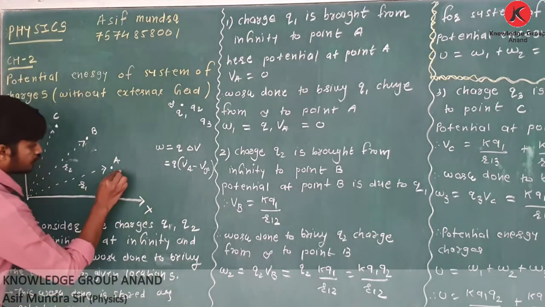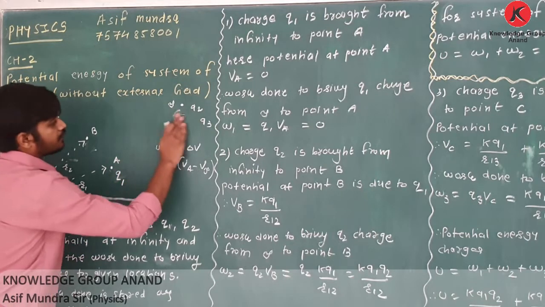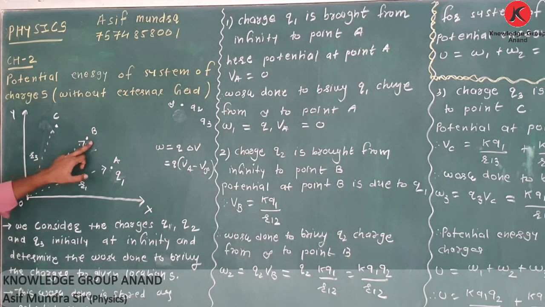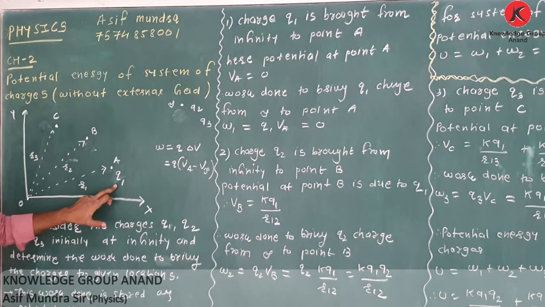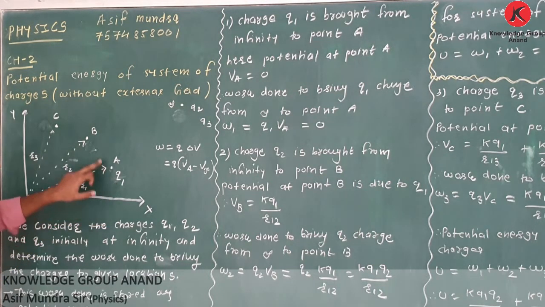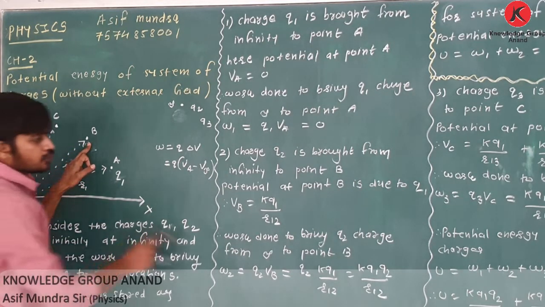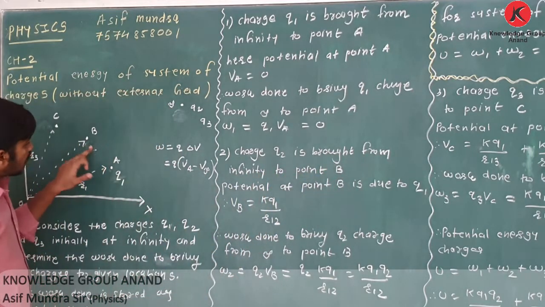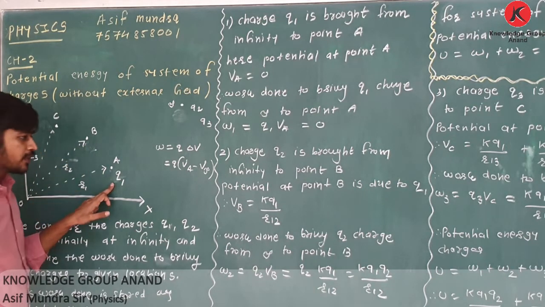Okay, now Q1 charge is brought to point A. Now, we have to bring Q2 charge from infinite distance to point B. Now, in this region there is one charge Q1, and due to this Q1 charge, there is some potential at point B. So when Q2 is brought from infinite to point B, at point B you have some potential, and that potential is due to Q1.